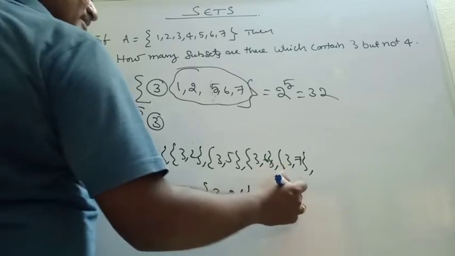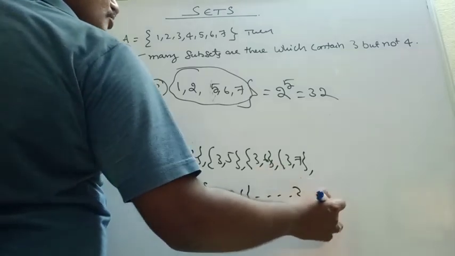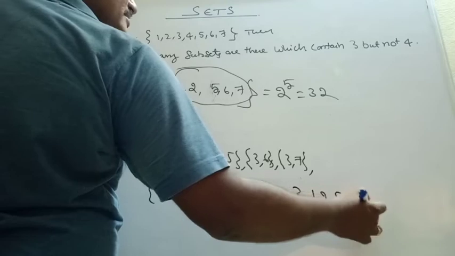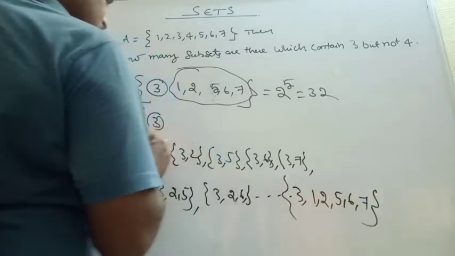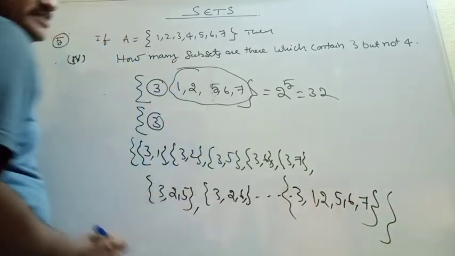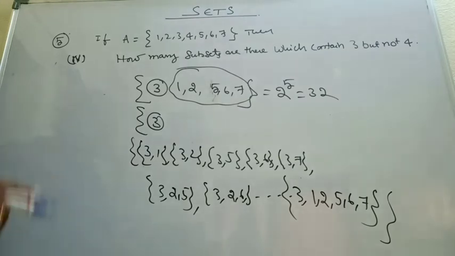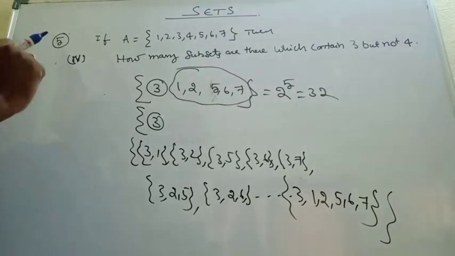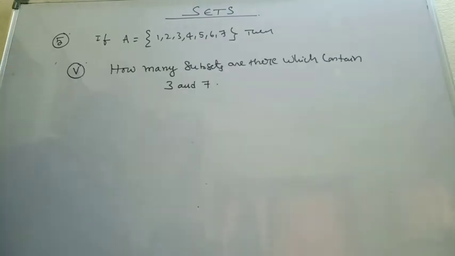The last one will be 3, 1, 2, 5, 6, 7. This is the last subset. Like this, totally we have 32 subsets, right, my dear students? It's a wonderful concept.